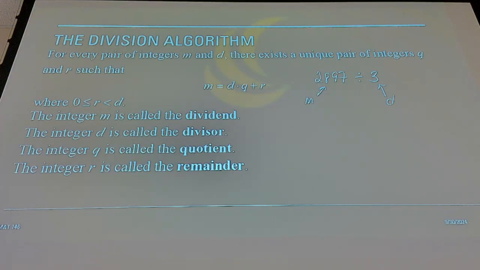How did you find your quotient and your remainder? In like 4th grade, you'd do that? Long division. Remember that?